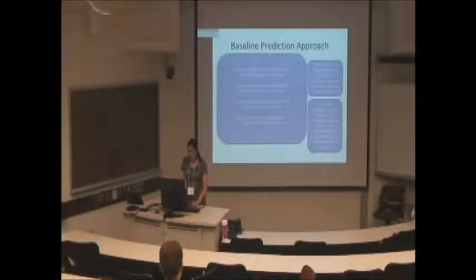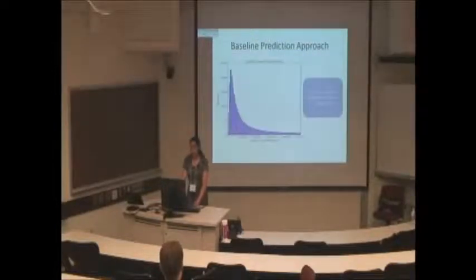So this is what we did first. We just took the mean and median values for both accepted answer elapsed times and earliest answer elapsed times, and just predicted them constantly throughout the entire test data set. But this isn't a very intelligent approach at all.